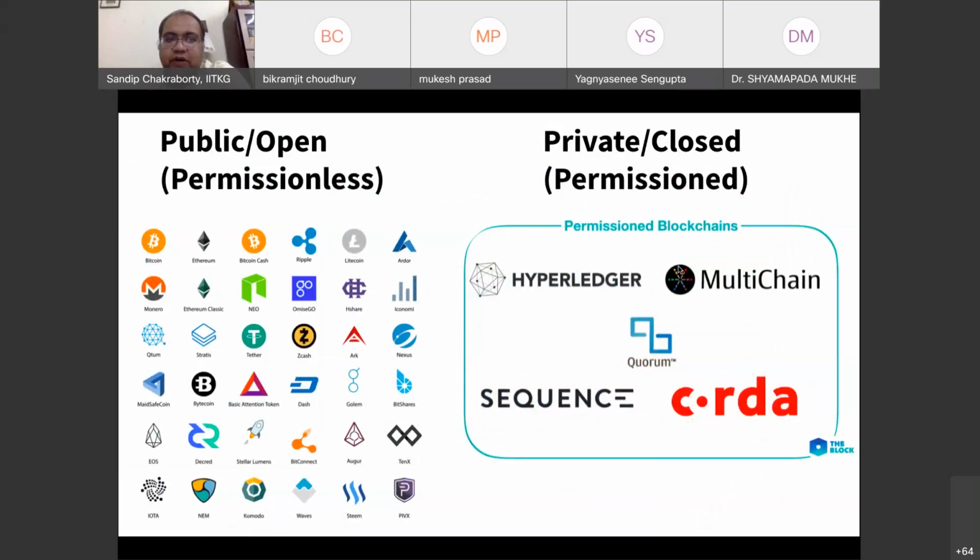In the public domain, starting from Bitcoin, we have Ethereum, Ripple, Litecoin, then OmiseGO, Zcash, Nexus, Dash. So all these different platforms have emerged. Similarly, in the private or closed domain, platforms like Hyperledger, Corda, MultiChain, Quorum have emerged over time.